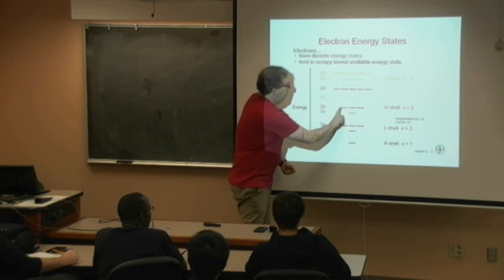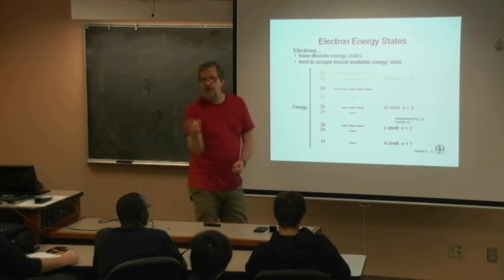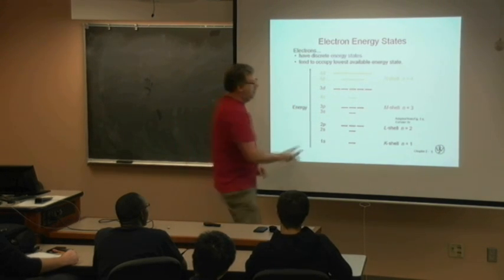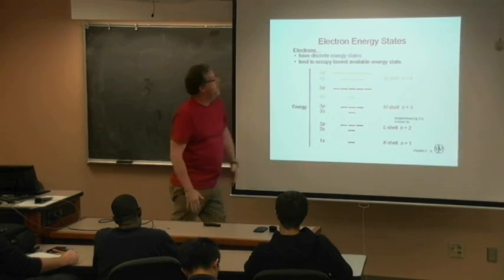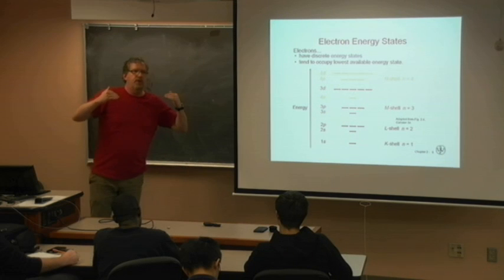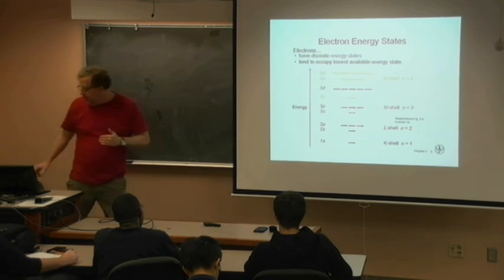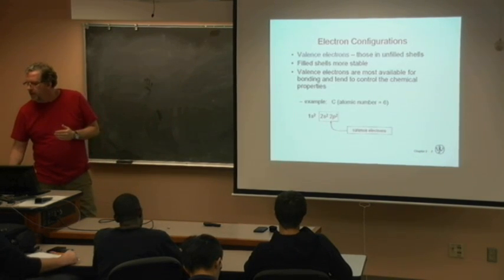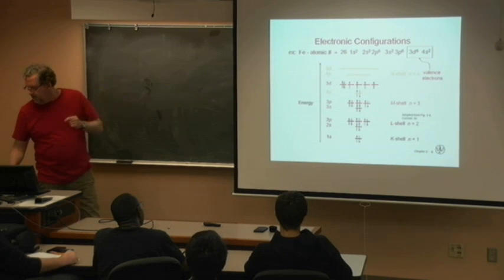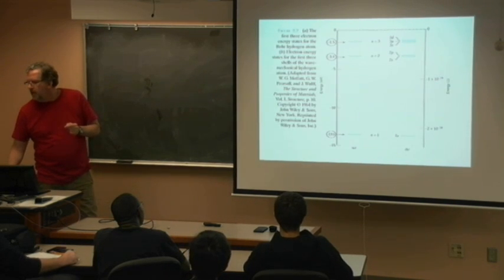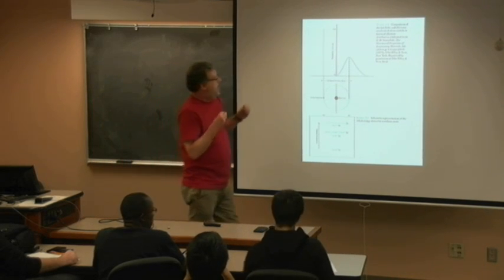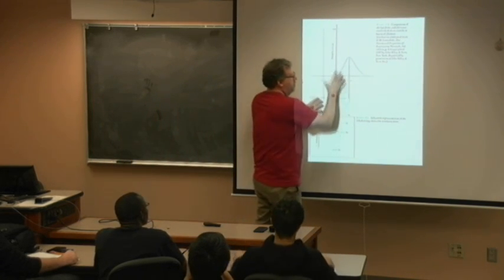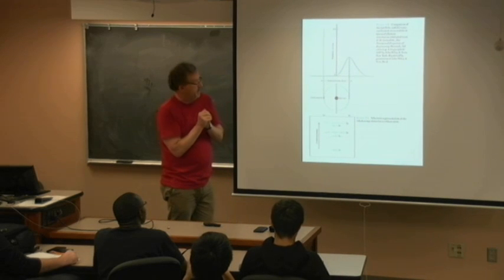And so, here's 3p. I could get up to 6 electrons. Spin up, spin down, spin up, spin down, spin up, spin down, right? So if you have that chemistry foundation in your head, then recognize that the atom has this wave function, this probability of where the electron is.